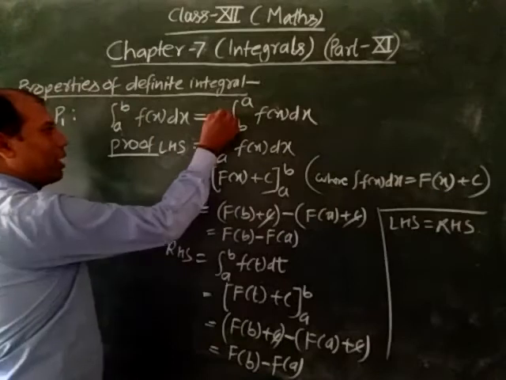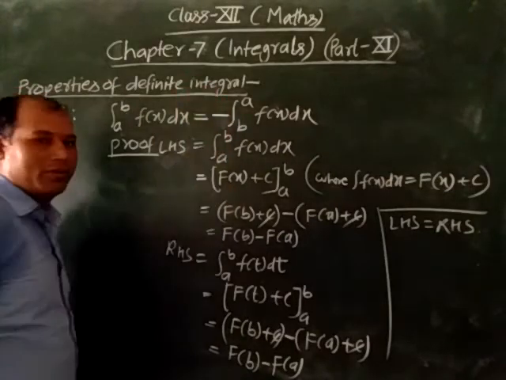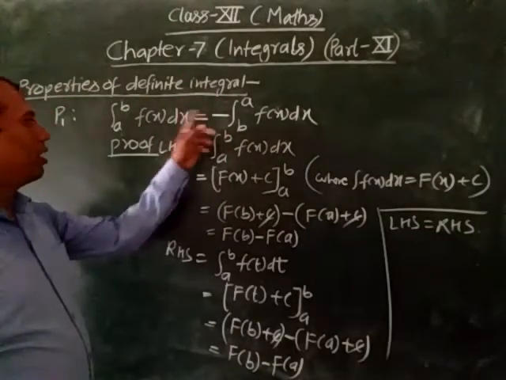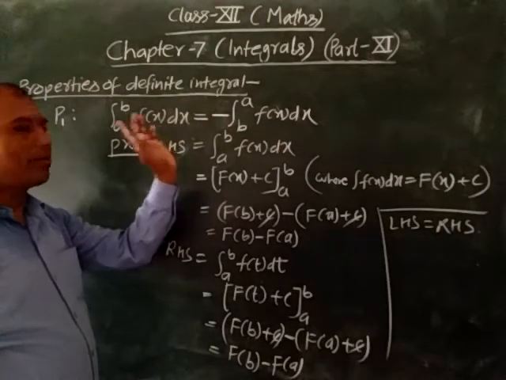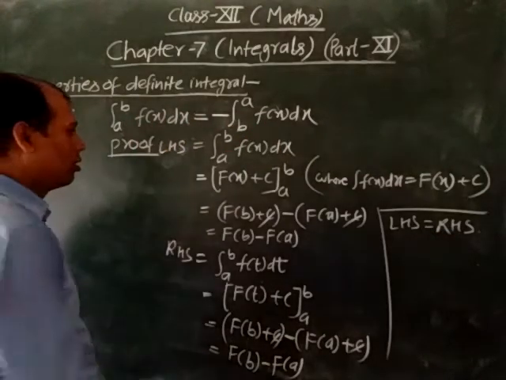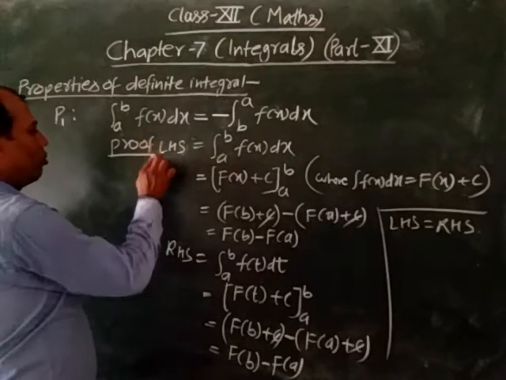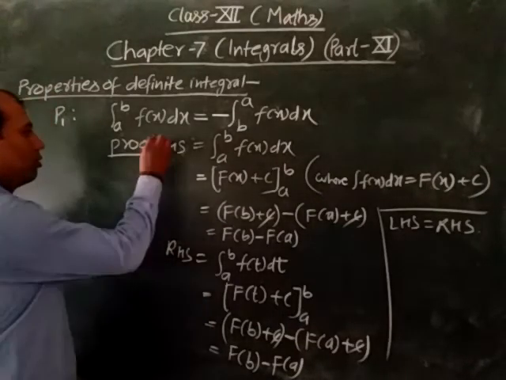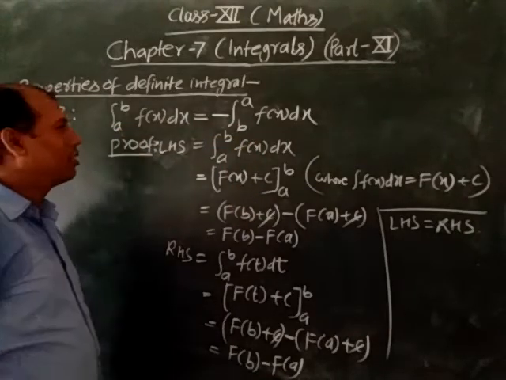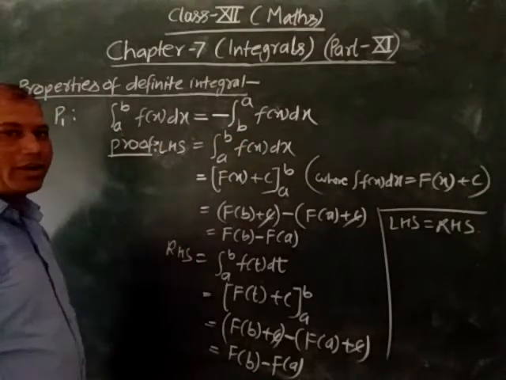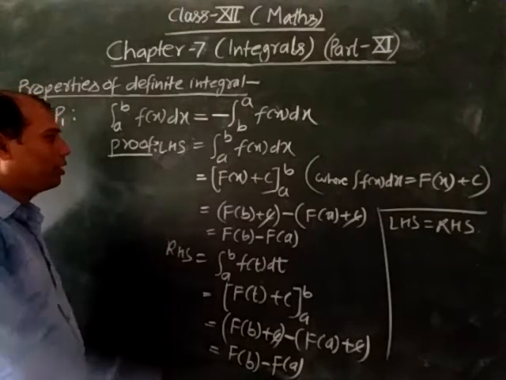Then the value of the definite integral becomes negative, meaning the sign of the definite integral changes. The proof of this is similar to what we have done in the previous property.